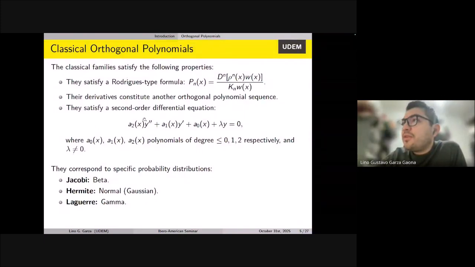And they satisfy a second order differential equation, in this way, with some degrees for these polynomial coefficients. This is called the Hahn property. They are also related with probability distributions: the Jacobi polynomials are related to the beta distribution, the Hermite with the normal, and the Laguerre with the gamma distribution.